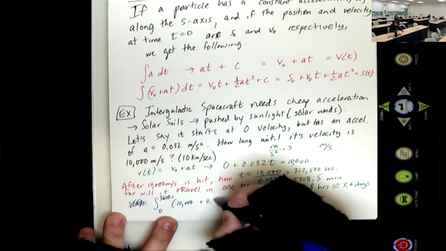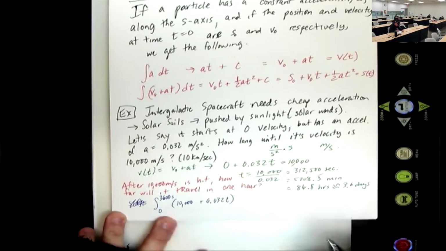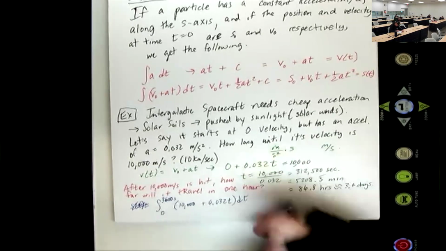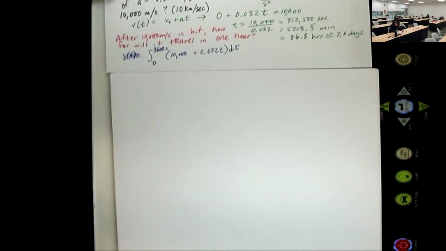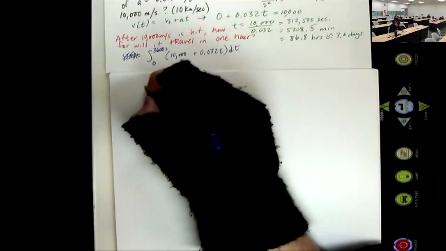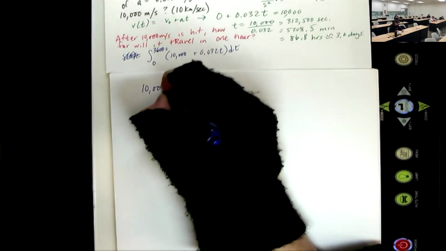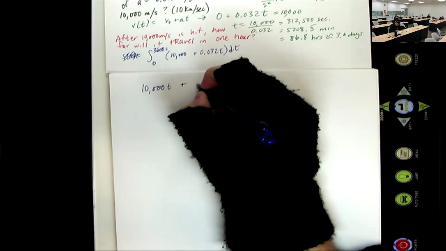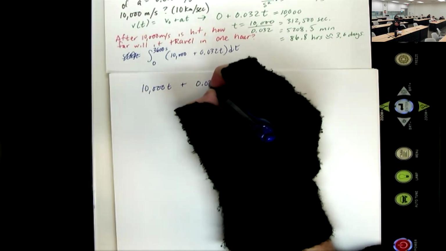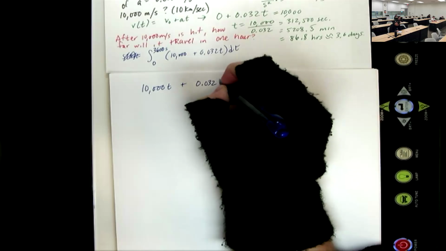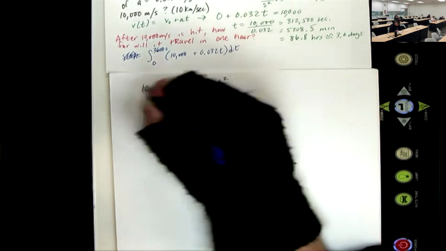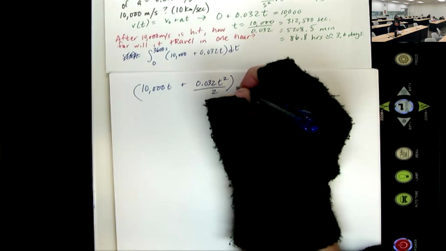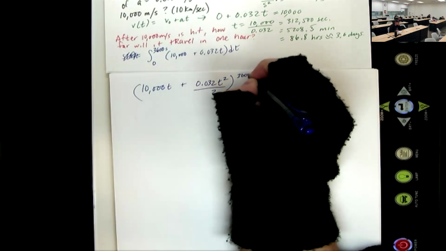Plus 0.032 t, dt. So we integrate, we get 10,000 t plus 0.032 t squared over 2. And we're gonna evaluate that from 0 to 3,600.